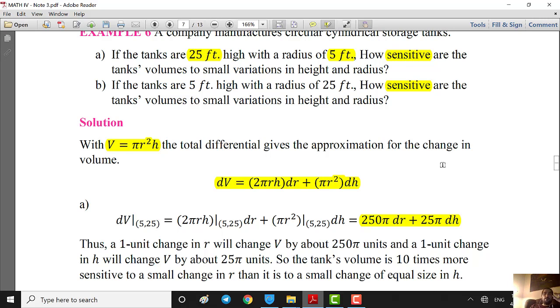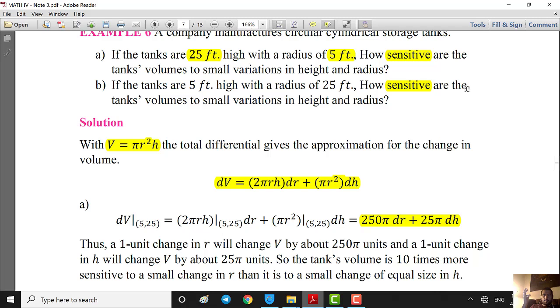Here in this example, we saw that the volume of these tanks, which was a function of two variables, radius and height, is much more sensitive to the variable radius at this specific point in part A. That concept can be investigated for every multivariable function. And you can all understand the importance of this sensitivity analysis.